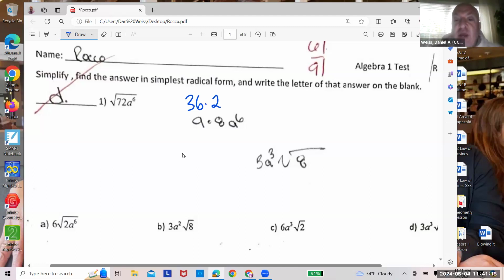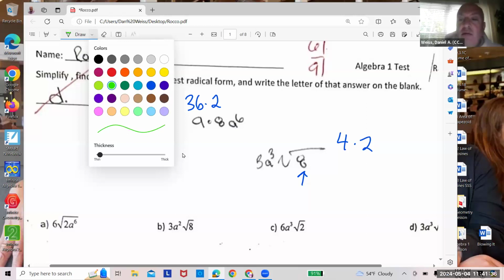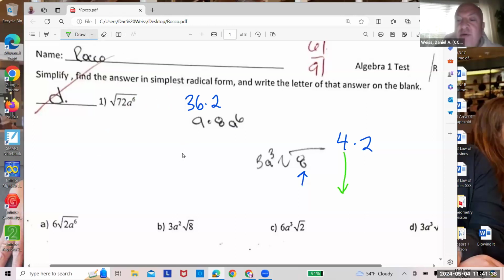I'm going to use your 8, this 8 right here. Okay. What perfect square goes into 8? Well, that is going to be 4 times 2. Okay. So the square root of 4 is going to be 2, and then square root of 2.